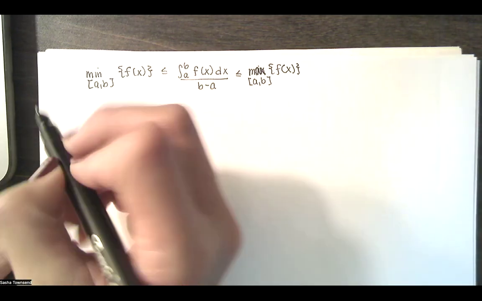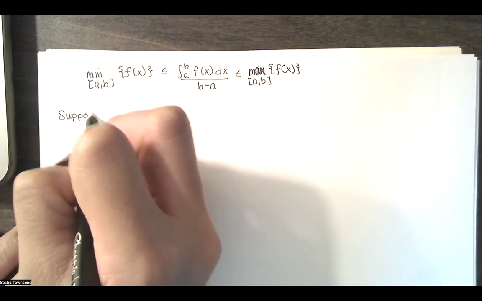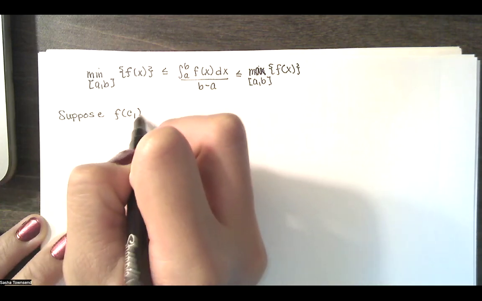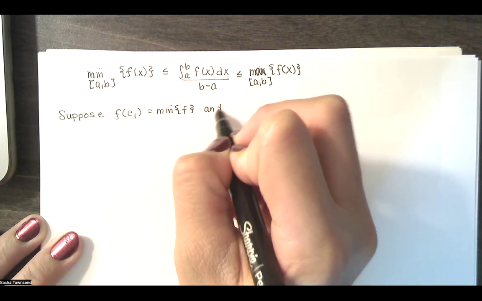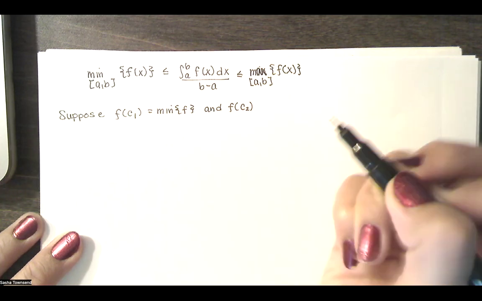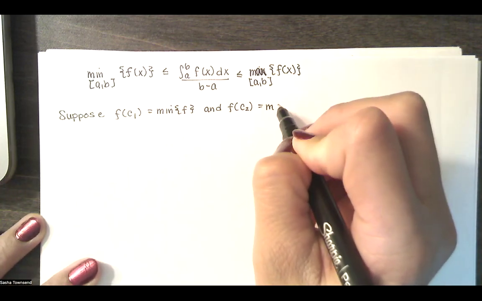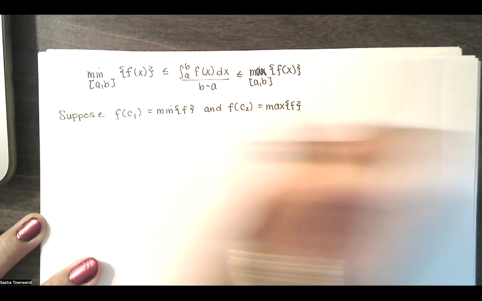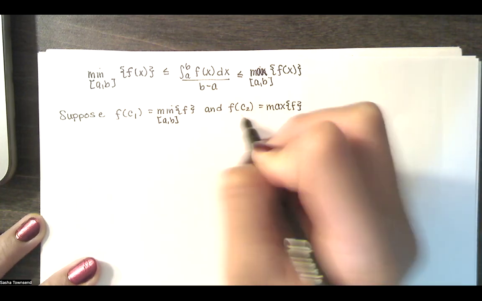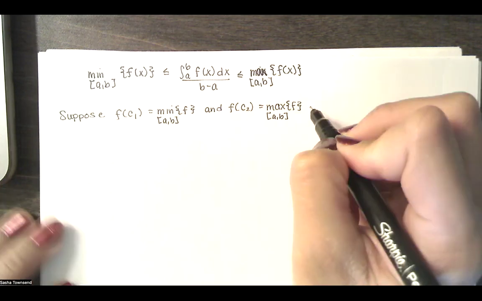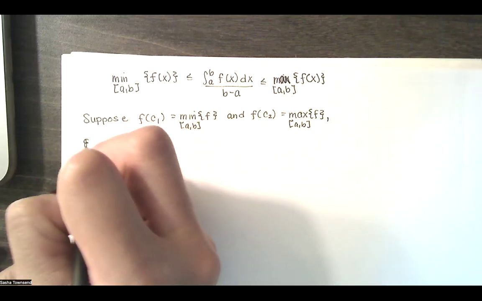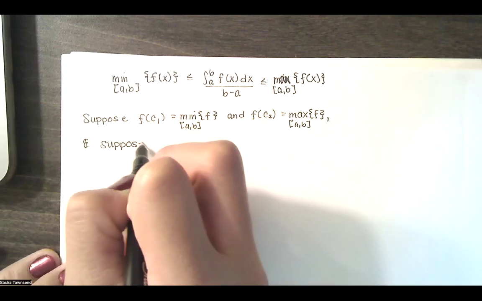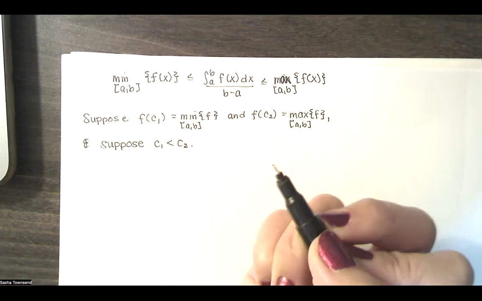So we'll say the following. Suppose f of C1 is the minimum value of f, and f of C2 is the maximum value of f. Of course, we're talking about on the interval from A to B in both cases. And suppose, let's say that C1 is less than C2.